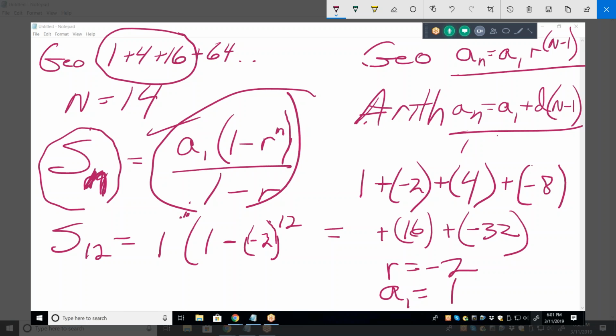What goes in the denominator? 1 minus negative 2, or 1 plus 2. 3. Don't need that. So we need minus 2 to the 12th. That's going to be a positive number, and then we're going to subtract that positive number from 1. So the number is actually 2 to the 12th minus 1.